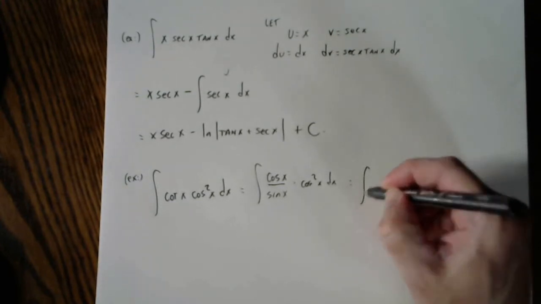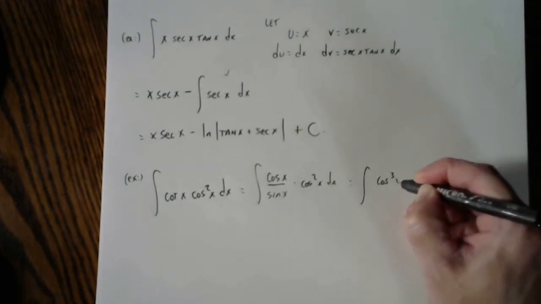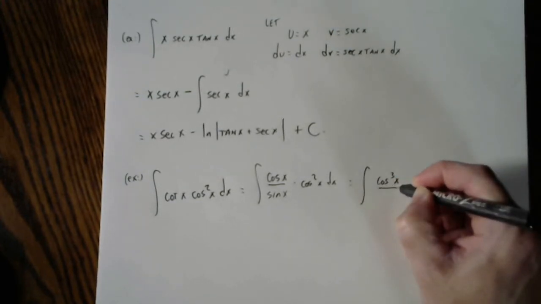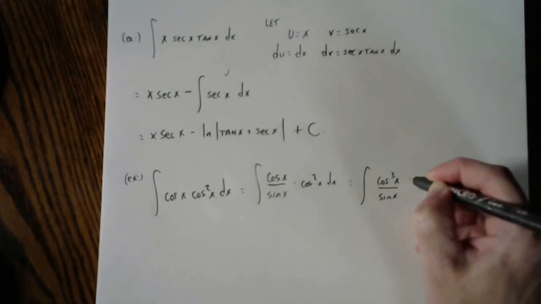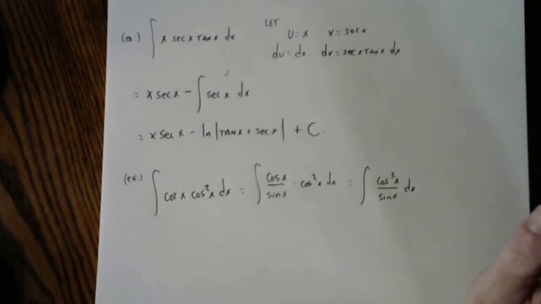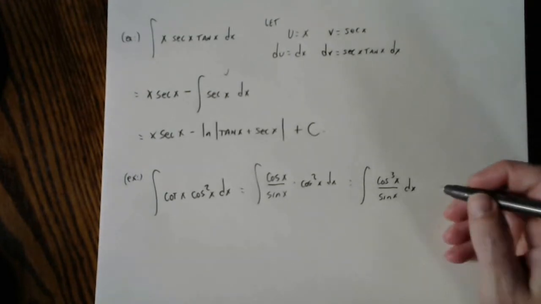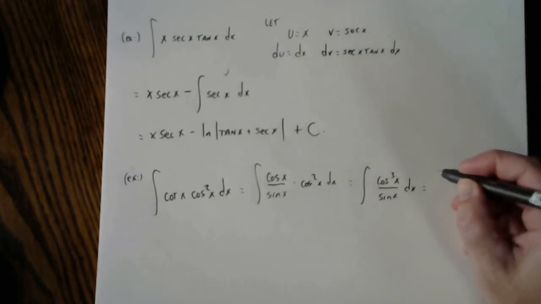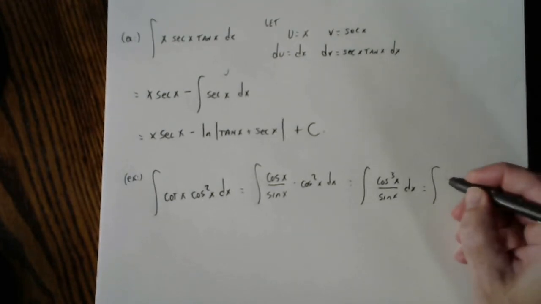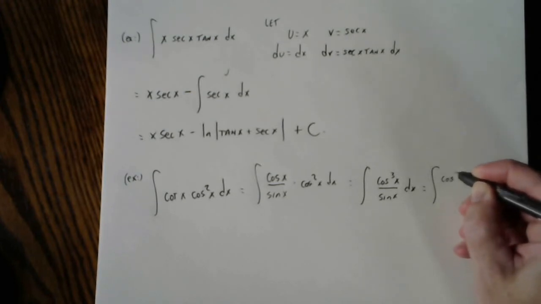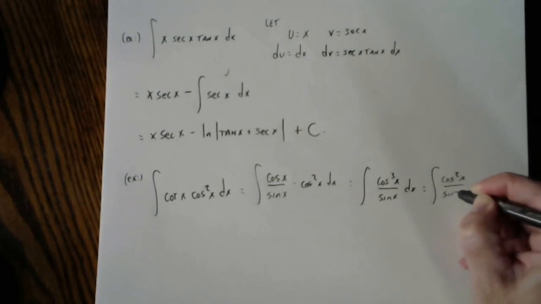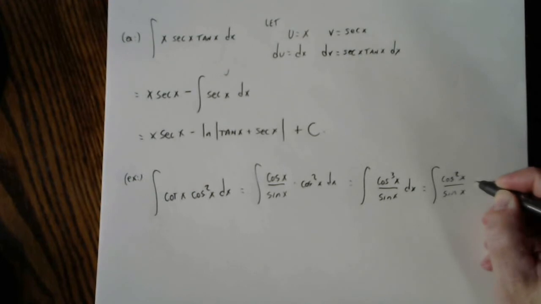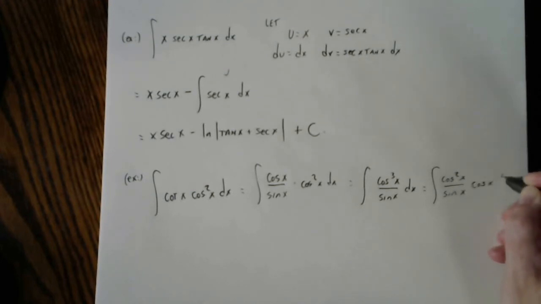So if this is cosine cubed over sine x, let me see this thing. So yeah, let's do this. Let's make this a square and break one of these off.